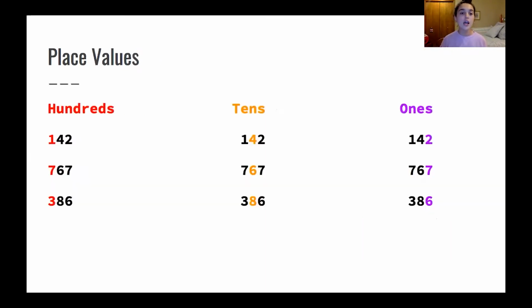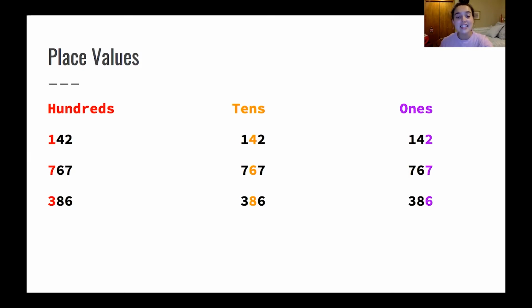All right, moving on. So this is just a little chart I created for you guys so you can see in every number where the place value is. So starting with our very first number, 142, okay? 142 is our first number. You guys can see I marked the hundreds place by using a red 1 in the column that says hundreds.